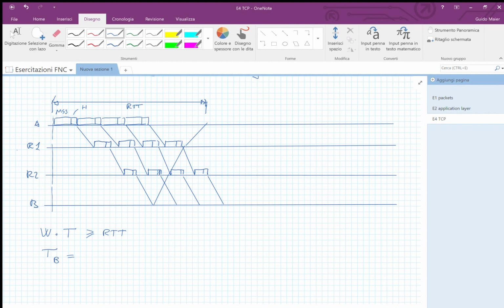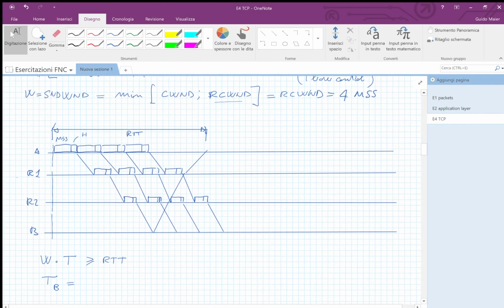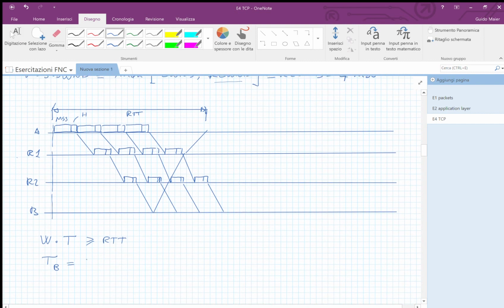Okay, so we can write it as 52 divided by 4, minus 1, and this multiplies the round trip time.